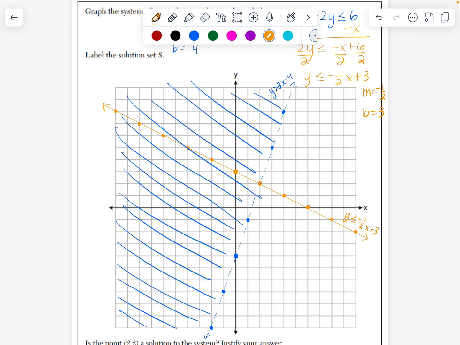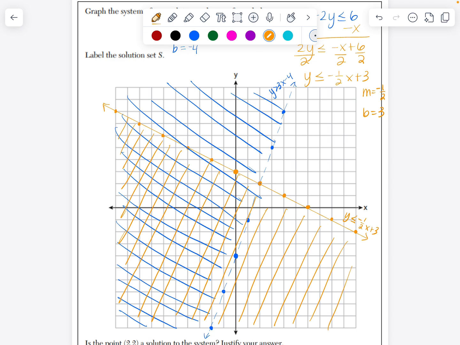Next one says less than or equal to, so I'm going to shade where my y values are less than where this y-intercept was located. As you can see, your solution set is going to be anything in this area where I'm highlighting, and we're going to put an S in your solution set.